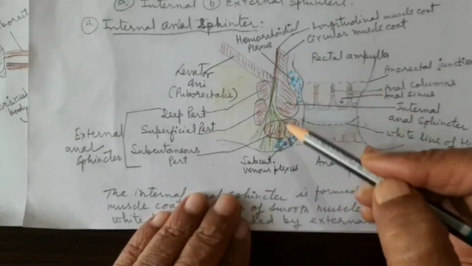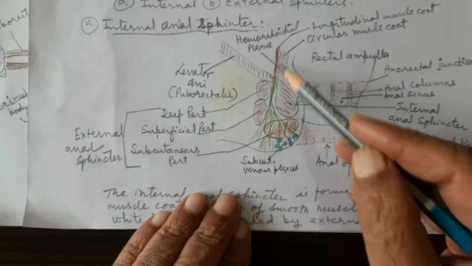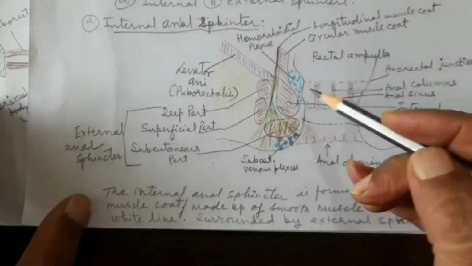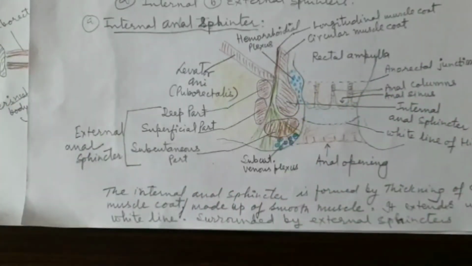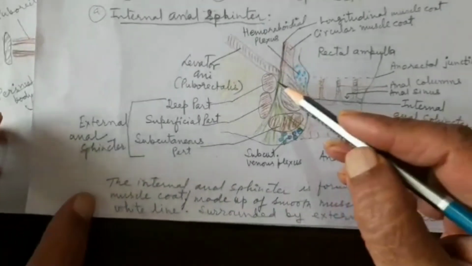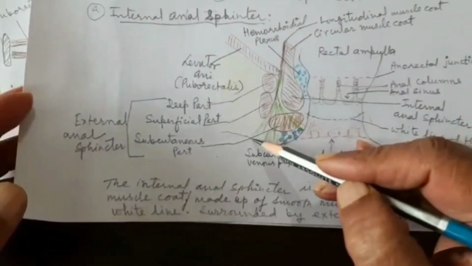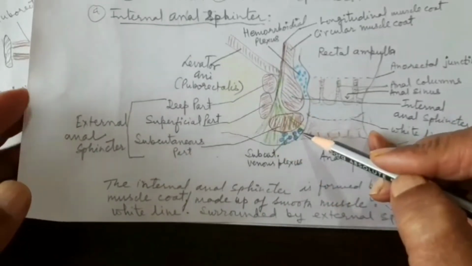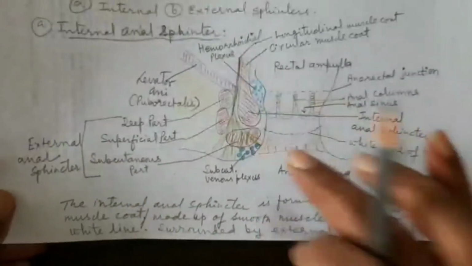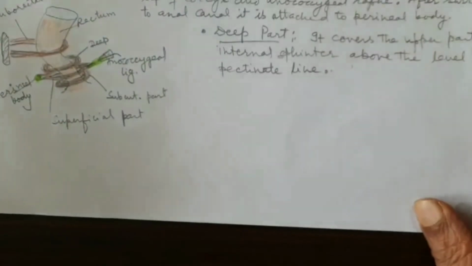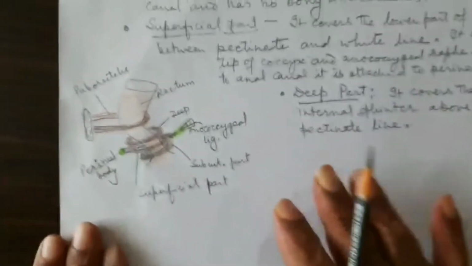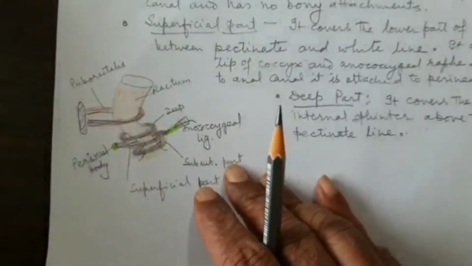These sphincters are pierced by the longitudinal muscle coat, which continues down below in the form of the fibroelastic septum, the conjoined tendon, which gains attachment to the margin of the anal orifice onto the undersurface of the skin. I hope that this completes the sphincters of the anal canal.